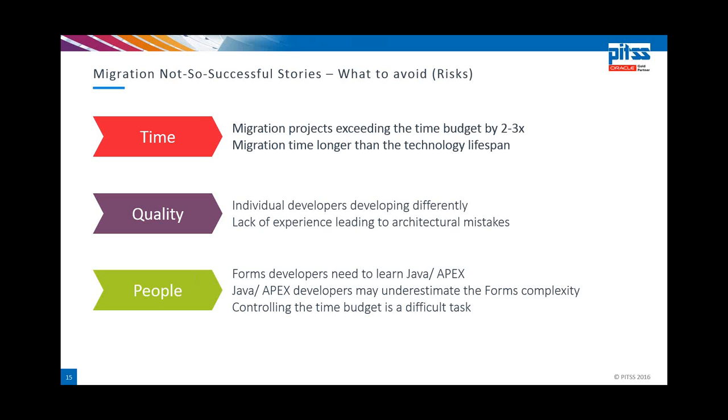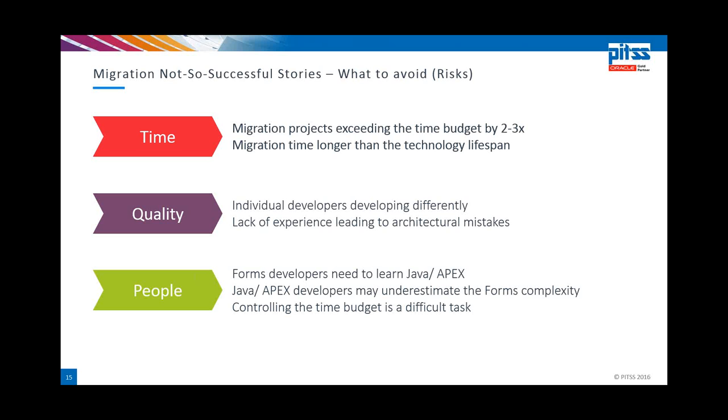And the solution we see is a process that takes a little bit from both worlds, a little bit of automated migration, a little bit of manual rewrite, so that we reach the ideal situation when the application is nicely written and easy to understand and maintain afterwards, and when the forms developers can easily learn the new technology, and the new technology developers can understand forms and can get up to speed into rewriting them.